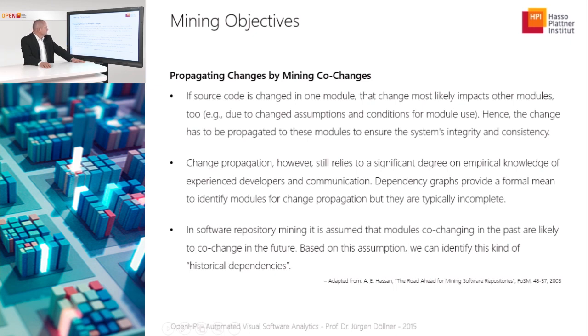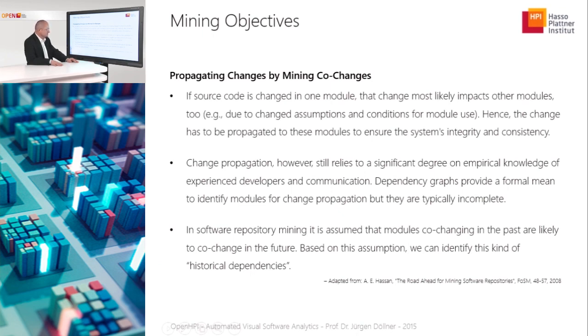Yeah, with the approach of mining code changes, we have a different way to approach this underlying problem. In software repository mining, it is assumed that modules co-changing in the past are likely to co-change in the future. Based on this assumption, we can identify this kind of historical dependencies.